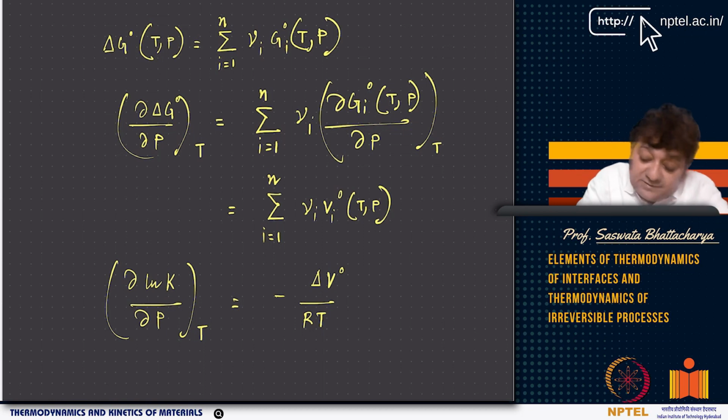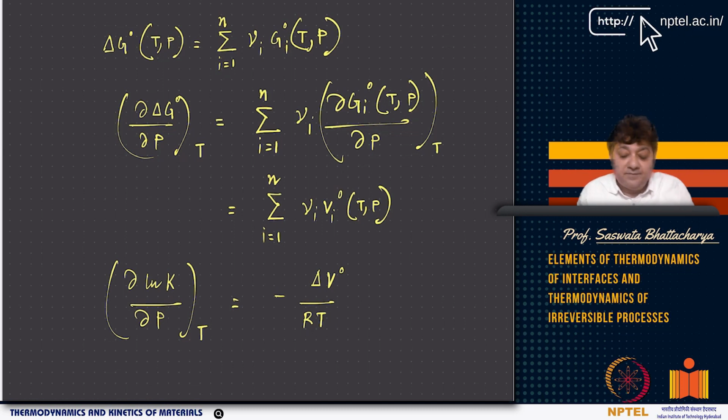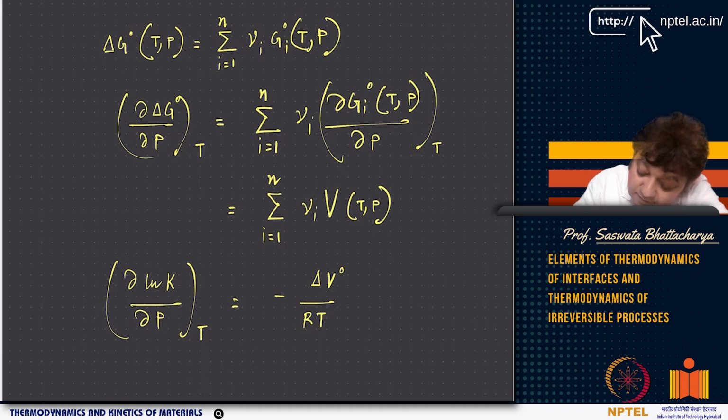So delta G naught of T, P is the sum over i equal to 1 to n, that is, for all components, of nu i G i naught. Now delta G del P at fixed temperature is the sum of nu i times del G i naught del P at fixed temperature. Now del G del P is nothing but V, right? So I have to write the V properly.